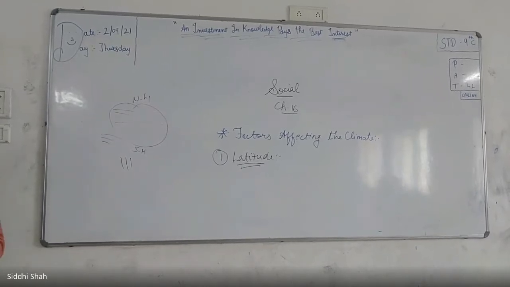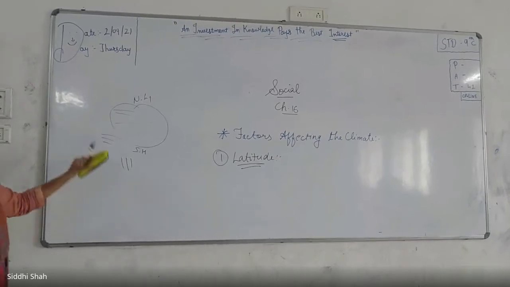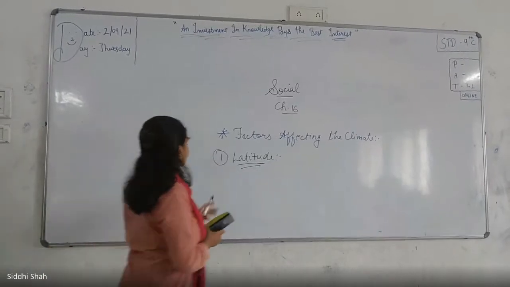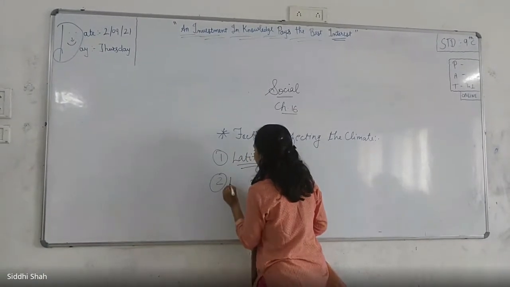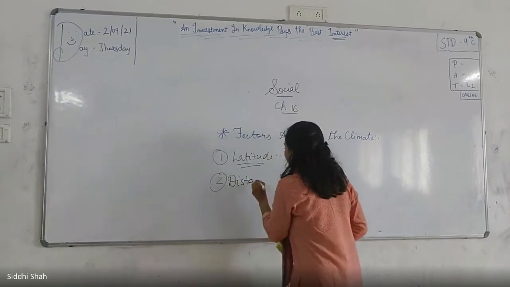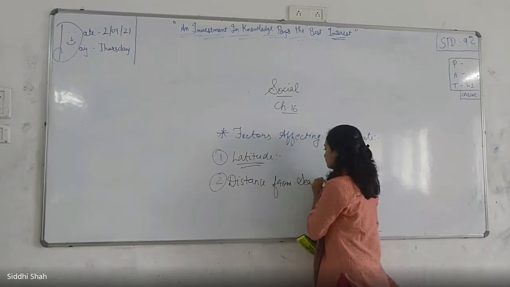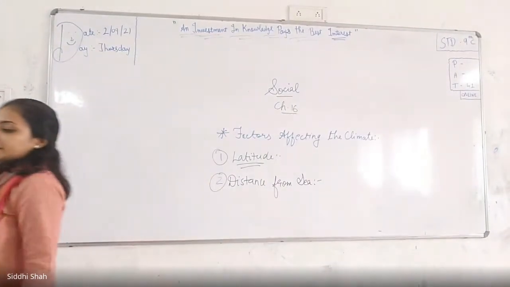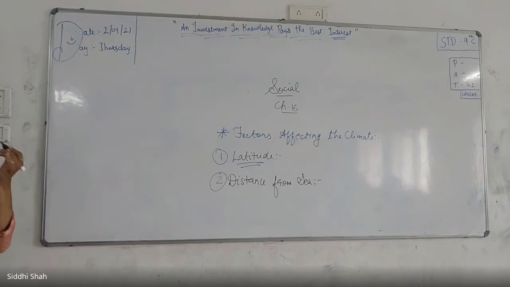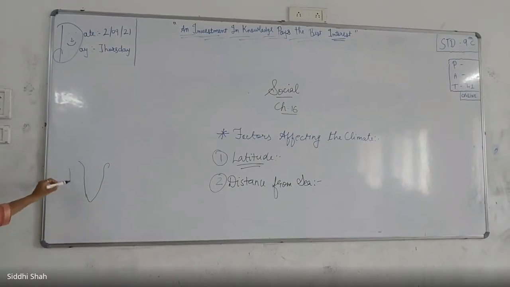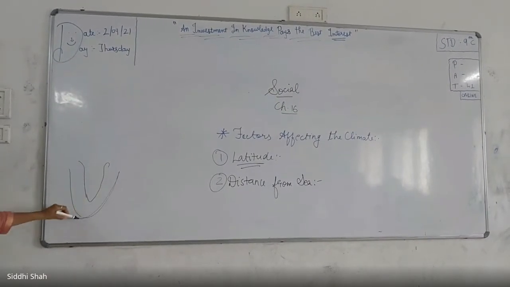Clear? Next is distance from sea. Means from the sea area. Now our India, it is a peninsular part, downward south part, divided by three water bodies.